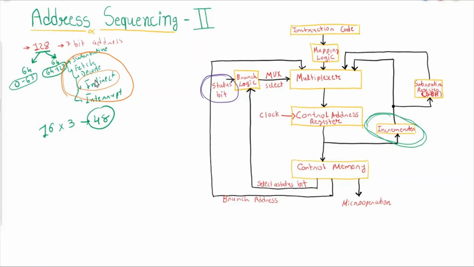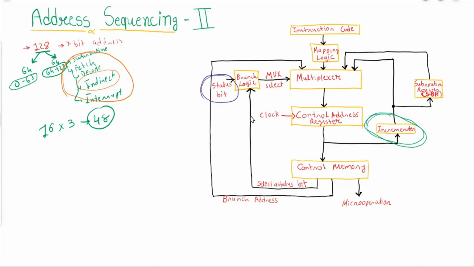So whenever any subroutine is implemented, there should be a functionality where we can store the return address. That task is done by SBR, subroutine register. At the end of the subroutine, there will be certain condition bits.